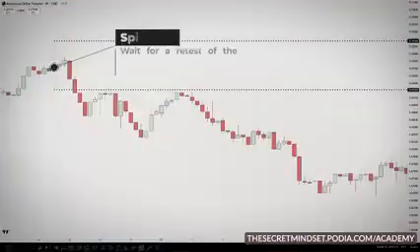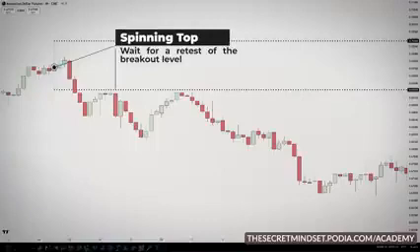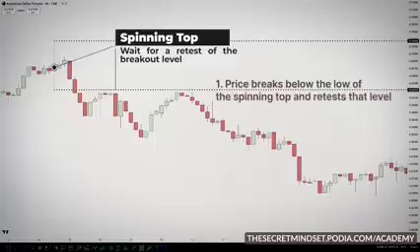One of the best ways to avoid getting trapped is to wait for a retest of the breakout level. For instance, if a spinning top forms at the end of an uptrend and the price breaks below the low of the spinning top, wait to see if the price retests that level before entering a short position.